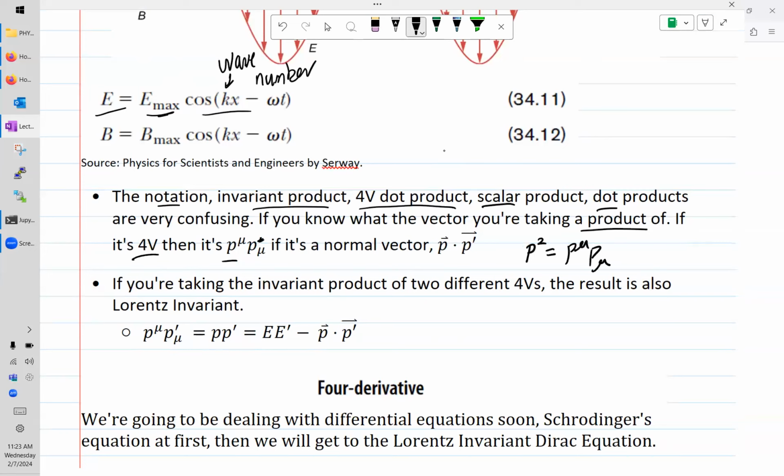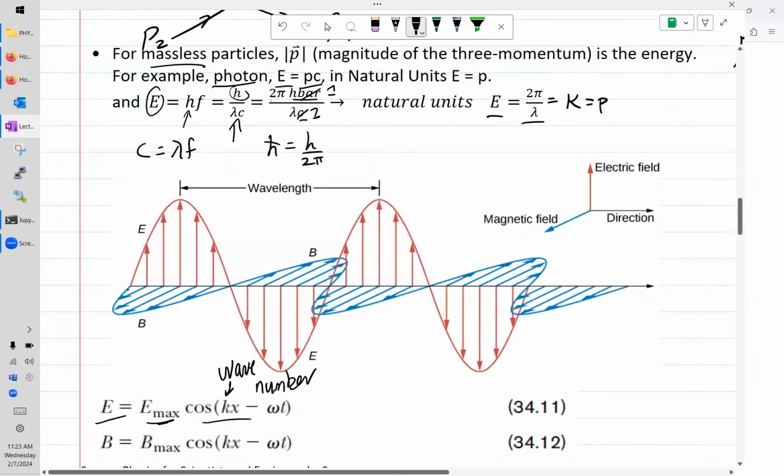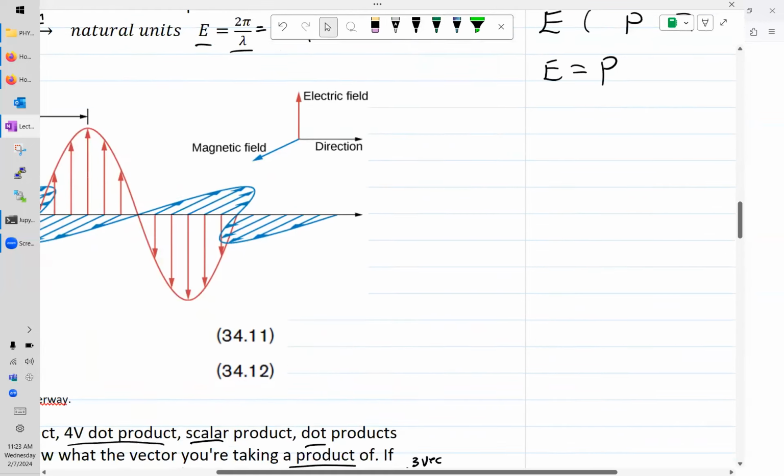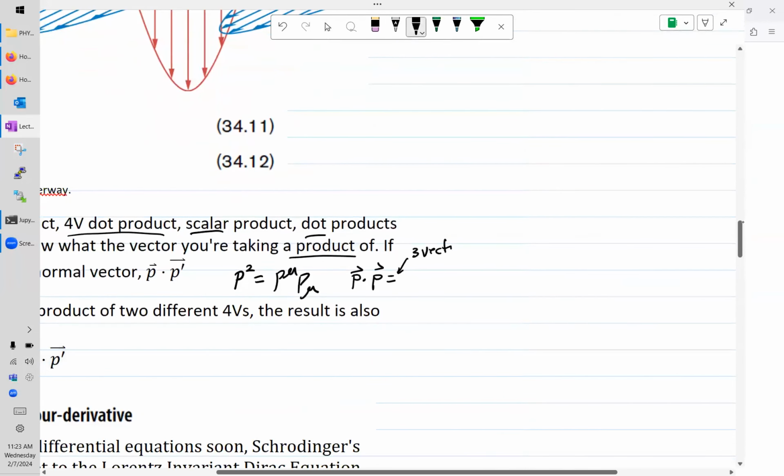When I write p dot, they mean the 3-vector version of it. So for the 3-vector, when they say p squared, they mean the 4-vector version of it.